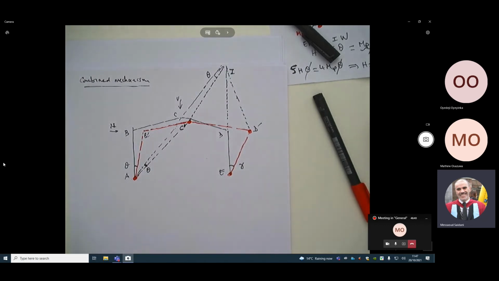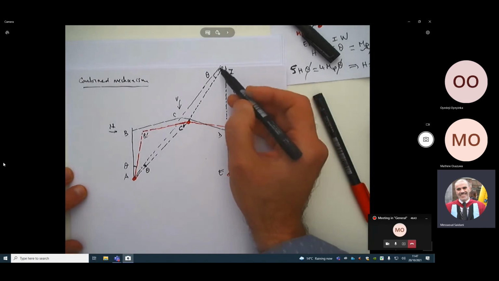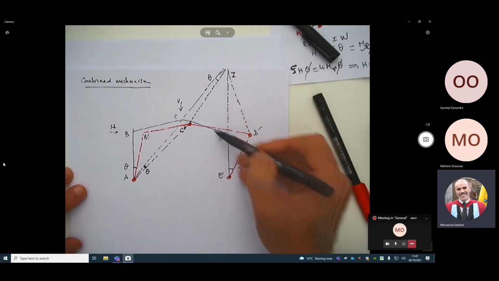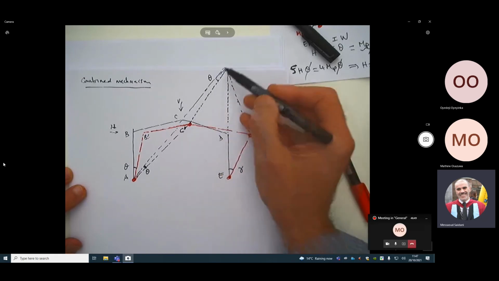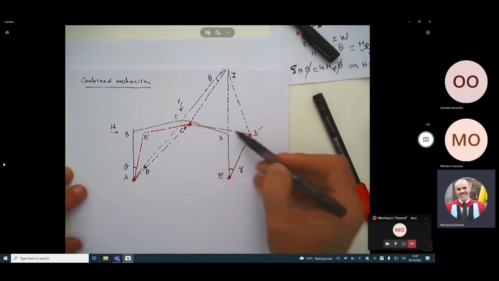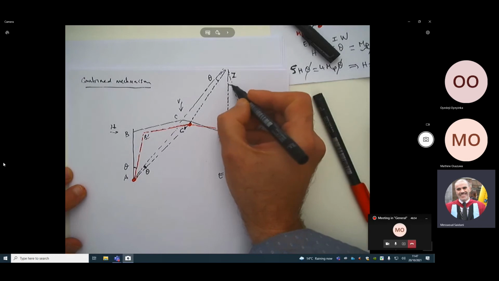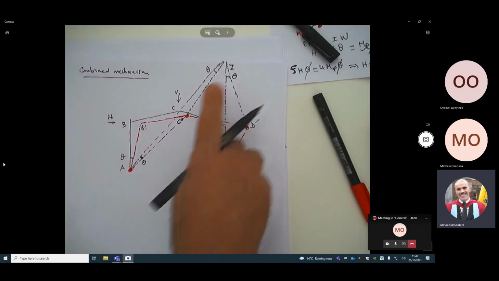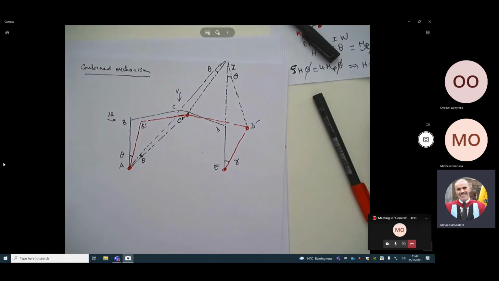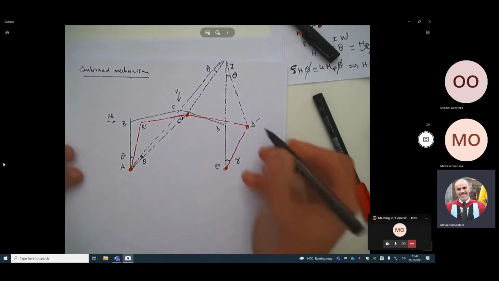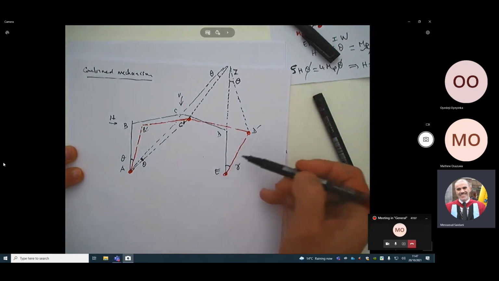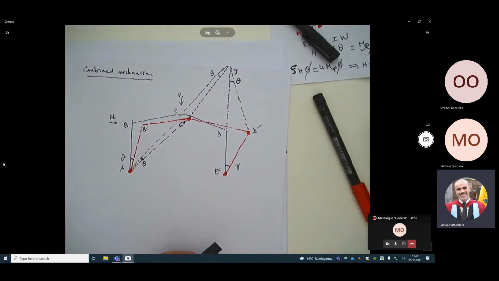Clear? Now, if you look at triangle ICD, it has rotated to IC dash D dash. And therefore this angle here is also theta. It's the rotation of the triangle ICD. So the only thing left now is to find the relationship, because everything else is equal to theta. So we need to find the relationship between theta and gamma here.